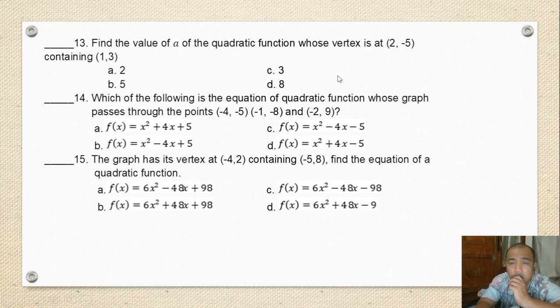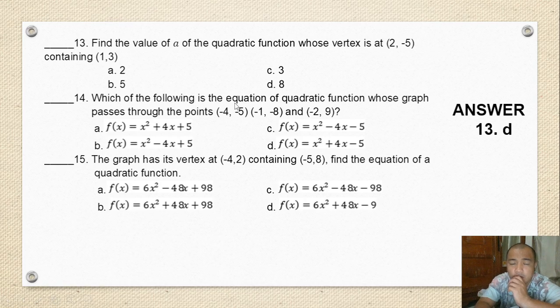So 3 equals a(1 minus 2) squared minus 5. So 6 squared, 36a minus 5 equals 3. Oh, yes. What's your answer? The answer is D, which is 8. a is equal to 8.